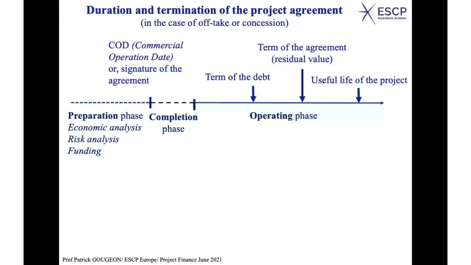In other words, after 20 years, you transfer the facilities, all the remaining assets, the infrastructure, to the state, which becomes the owner of the infrastructure. But if there is a residual value, it's fair enough to say that this residual value should be paid to the sponsors because they have built the value. So if you transfer to the state, the state has to pay for the value of what we made.